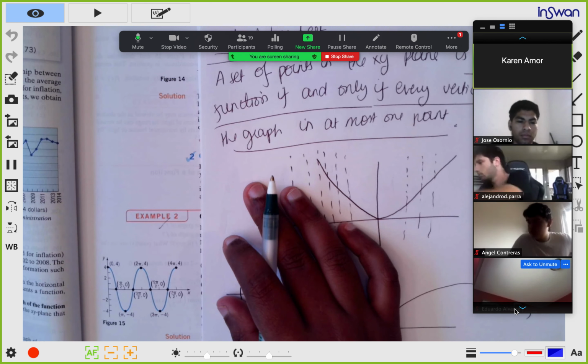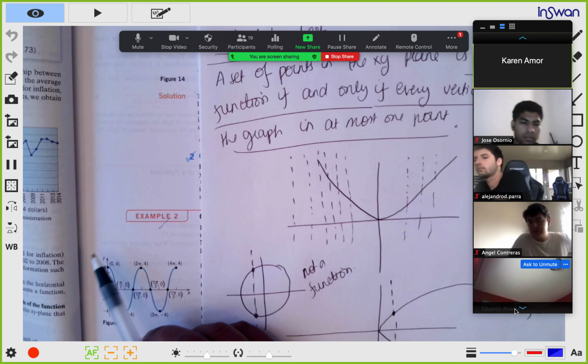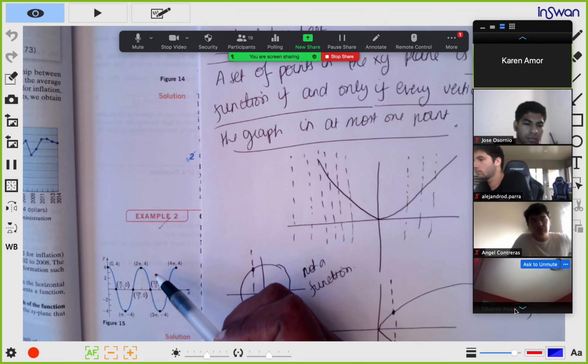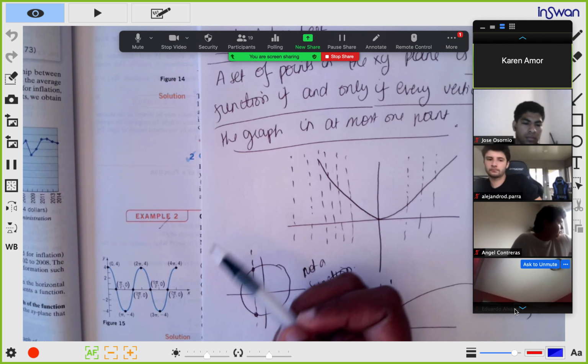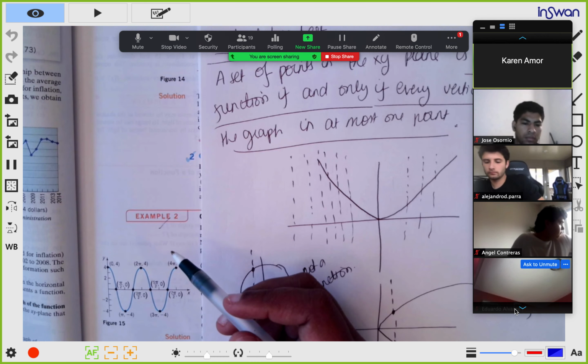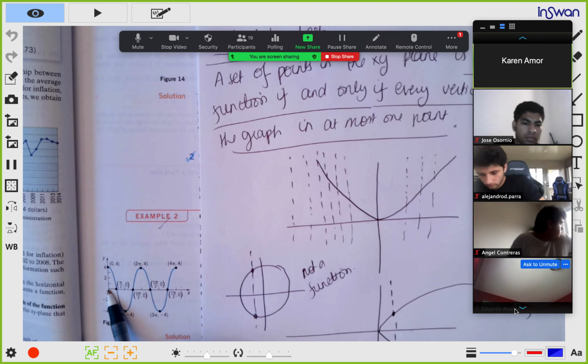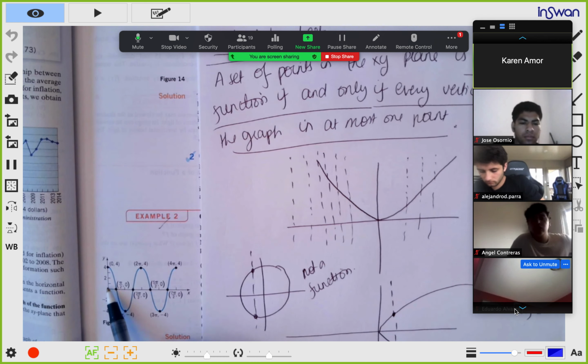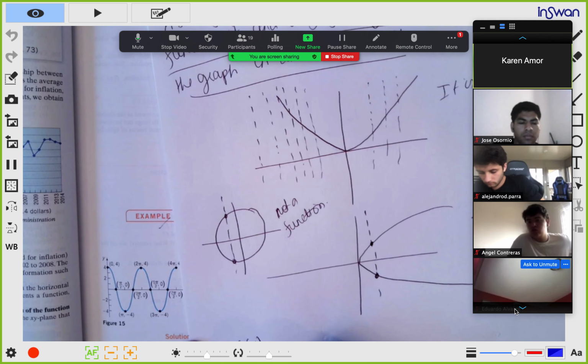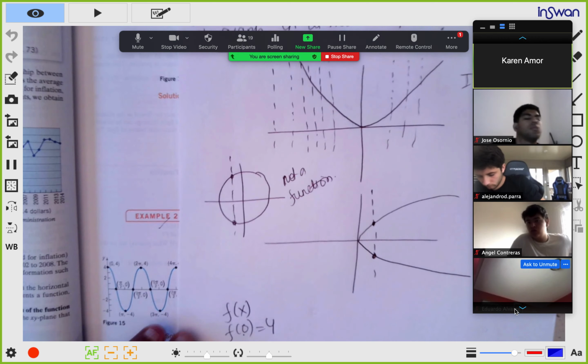Where is x 0 on the line here? It is here. And what's the y value? See here, 4, exactly. So f of 0 is 4.